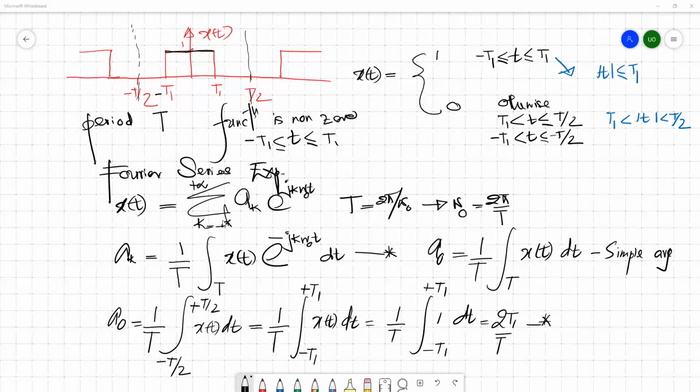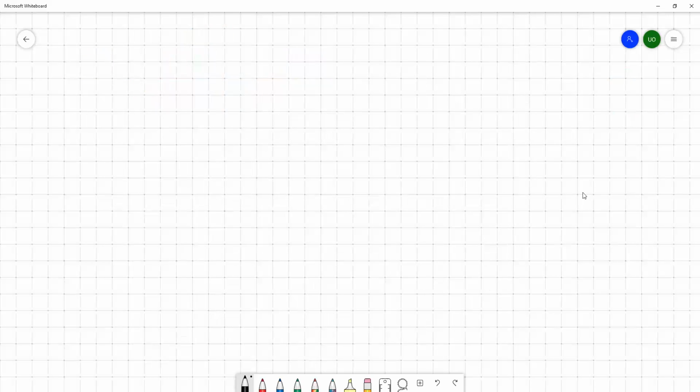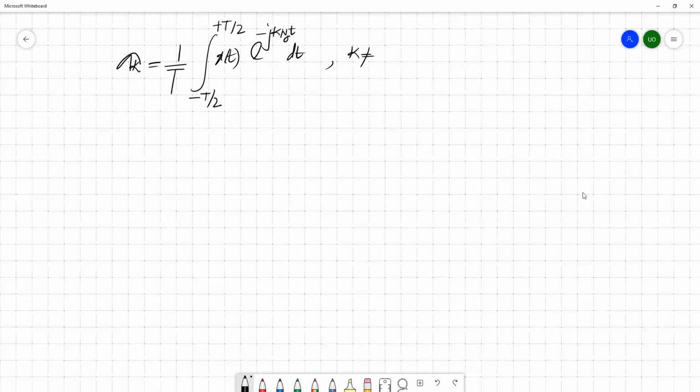Then we'll move to the next: how to find the other set of a_k values. For a_k, we can simply say that this is again the integral from minus T by 2 to plus T by 2 of x(t) e to the power minus j k omega naught t dt, where k not equal to 0.